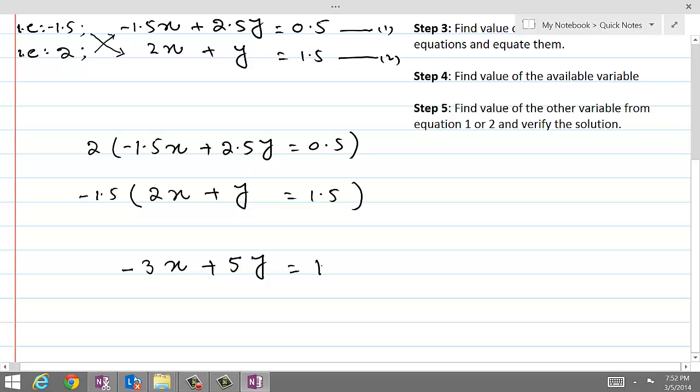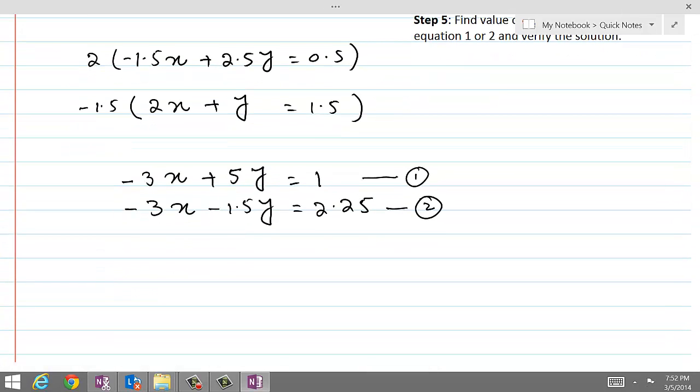So minus 3x plus 5y equal to 1 is the equivalent of the first equation, and the second equation will become minus 3x minus 1.5y equal to minus 2.25, because minus 1.5 times 1.5 is equal to minus 2.25. This is an equivalent system of the given system. Obviously we can name it equation 1 and 2.